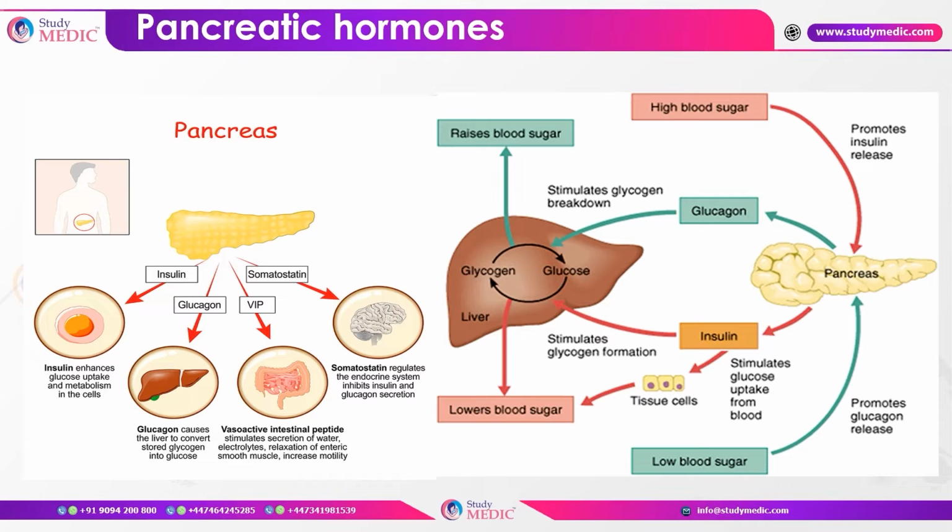It breaks down glycogen into glucose, a process called glycogenolysis, and this brings about an increase in the blood sugar levels. This is glucagon. Obviously both of these hormones inhibit release of the other hormone.